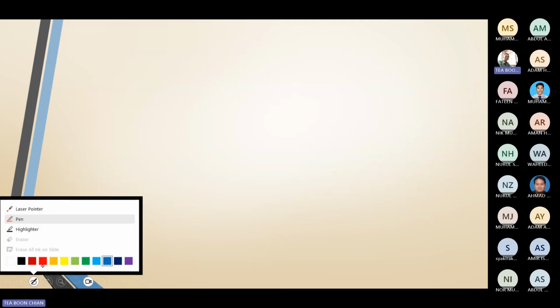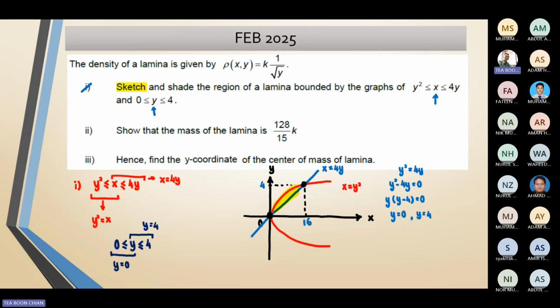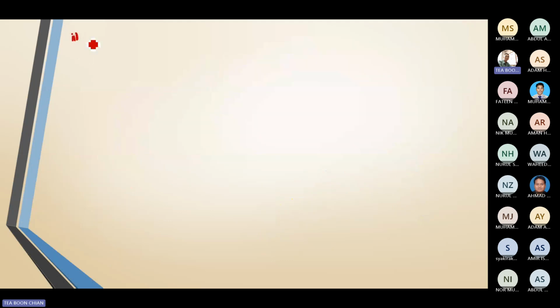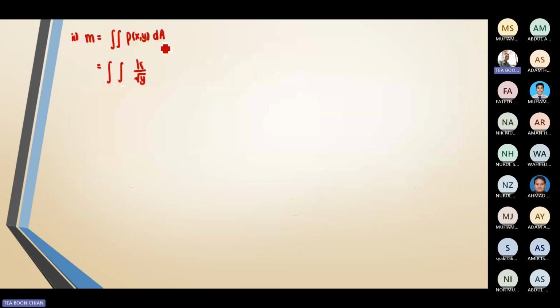So this is what we mean next. Show that the mass M is given by 128/15 k. So for the second question, if we want to compute the mass M, we are trying to find the double integration of the density function rho with respect to area A. The density function rho is given by k over square root of y. dA I can simply put as dx dy.